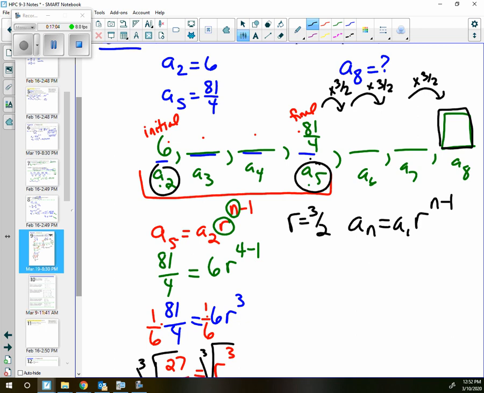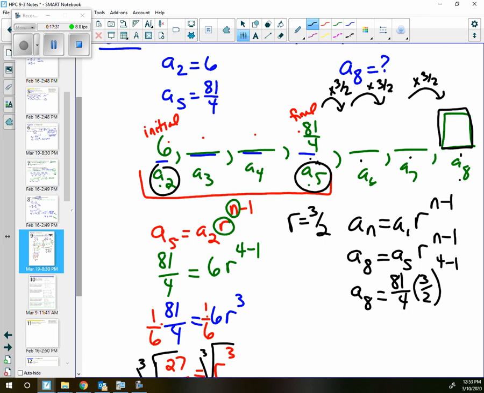I'm going to think of the AN formula to get directly to term 8. So if I wanted to use my nth term as 8, I'll probably use the A5 as my starter, just a little bit closer than A2. And again, we can figure out what that n is because we know we have A5, A6, A7, A8 is a 4-term sequence. So I'm trying to figure out term 8. I know term 5 is 81/4. I know my ratio is 3 halves, and I'm going to raise that to the 4 minus 1 power.